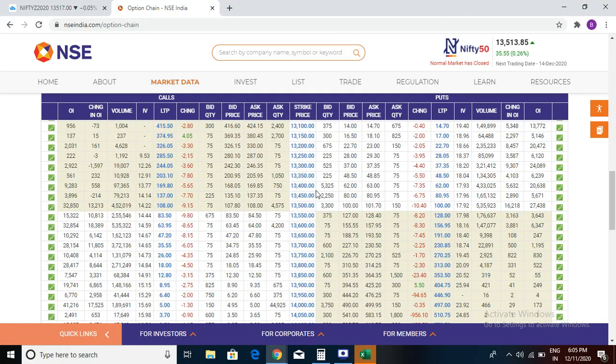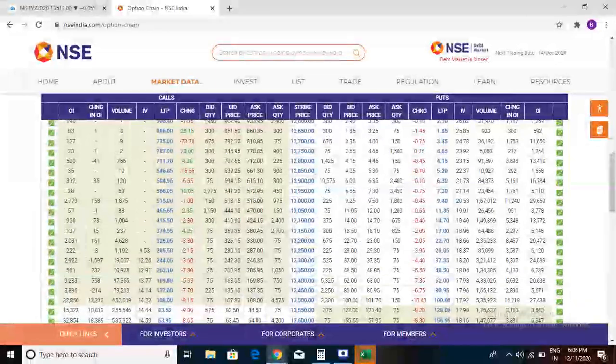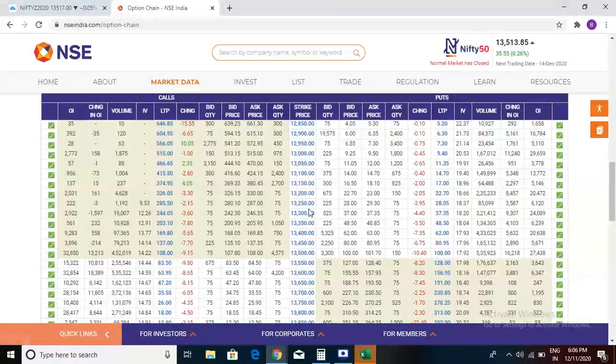Okay, so let's say at the money is 13,500, then what is happening in the surrounding strikes matters the most. So you have to calculate the PCR of surrounding strikes, that is, how many calls and puts are written here or here. These things matter but not much, so you should have clarity of vision before you trade.